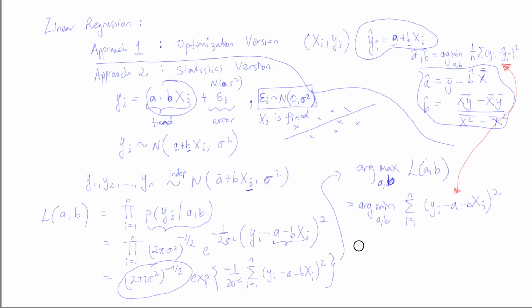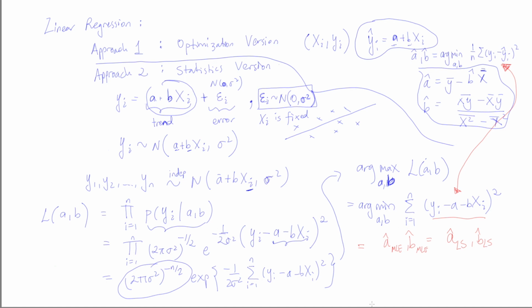So in this case, the MLE parameters are going to be exactly the same as the least squares parameters. Okay? It's really important that you see this. This is just the sum of squared values, right? And this is exactly the same optimization.